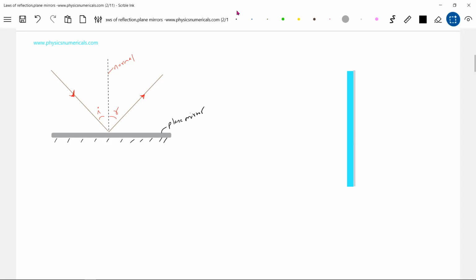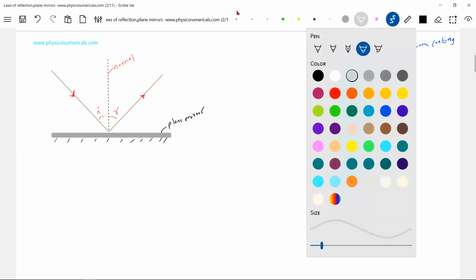So this is a thin glass plate. This will be the silver or aluminum coating. Then further after this, I'll go for a red oxide coating.